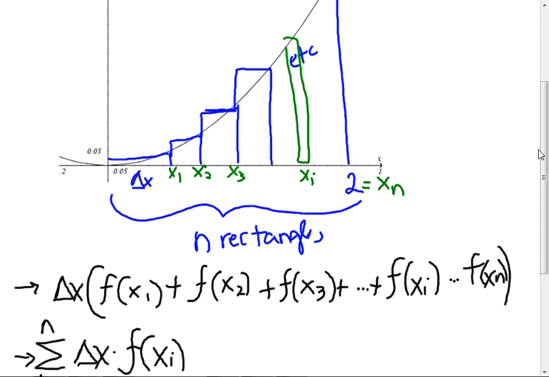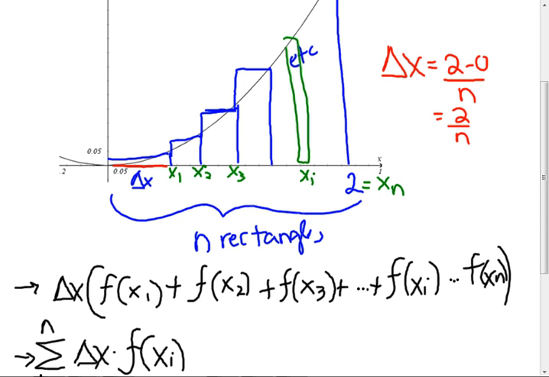If the whole width is 2 and you divide it into n rectangles, how long is this segment? 2 over n, that's right. Remember, we had 2, we divided by 4 rectangles, we got a half. This is equal to 2 minus 0 divided by n, or just 2 over n. Okay, that's my delta x.